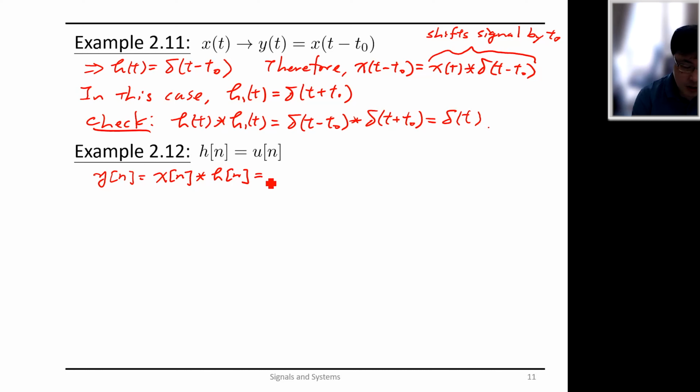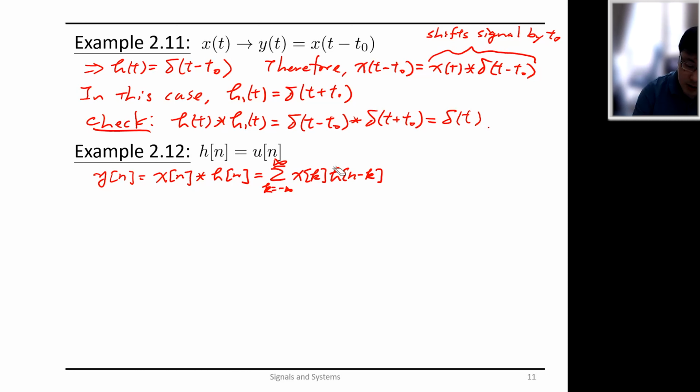If you work this out, this should be the summation of x[k] h[n minus k] from minus infinity to infinity. Now, h here is the unit step function.